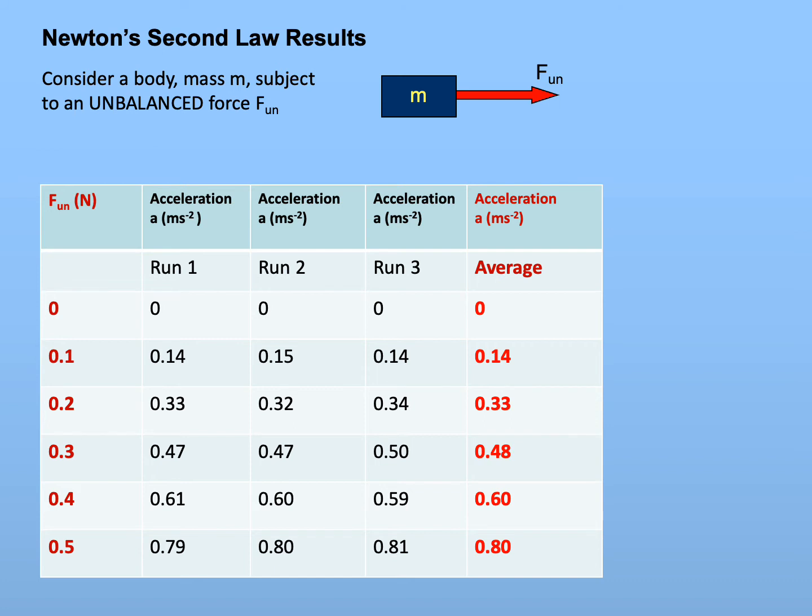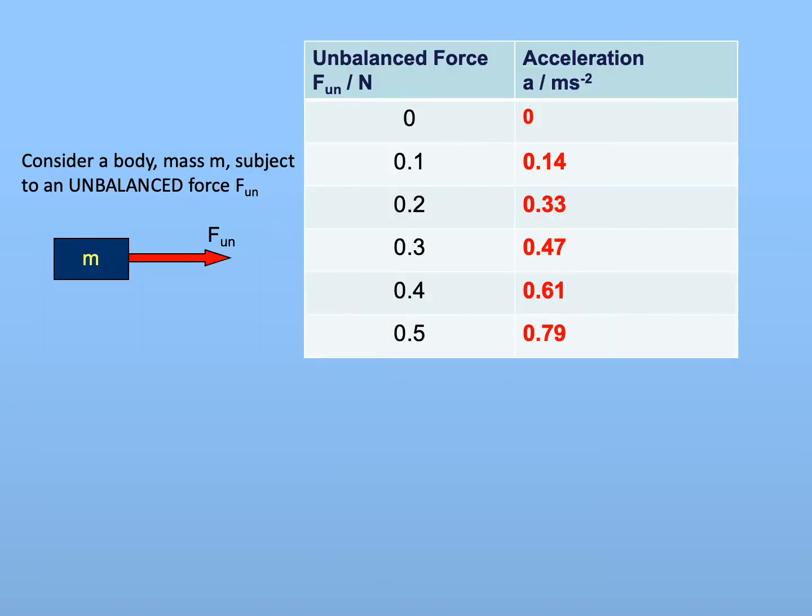It should be pretty obvious from this table that the bigger the unbalanced force, the greater the resulting acceleration. Note also that the unit of acceleration is meters seconds to the minus 2.